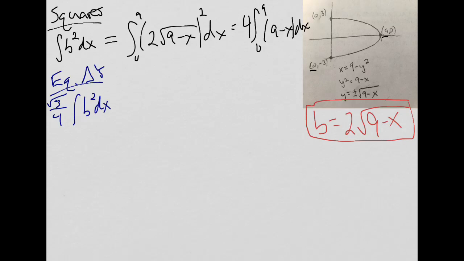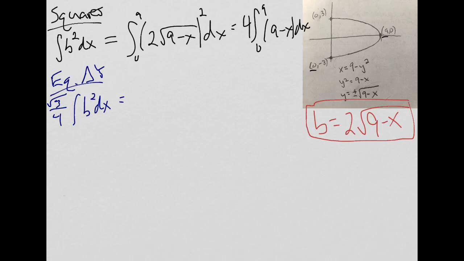Next bit, part B, is equilateral triangles, and I know that that is root 3 over 4 times the integral of b squared dx. So I'm not going to do too much work to get this. I did integral of b squared dx, which gave me this thing. So I'm not going to rework all of this or rewrite this line. I'm just going to go straight to this. So I've got this times the root 3 over 4.